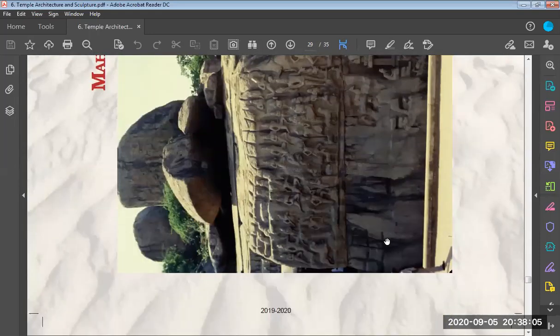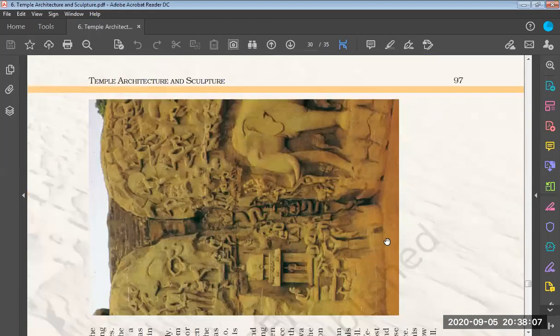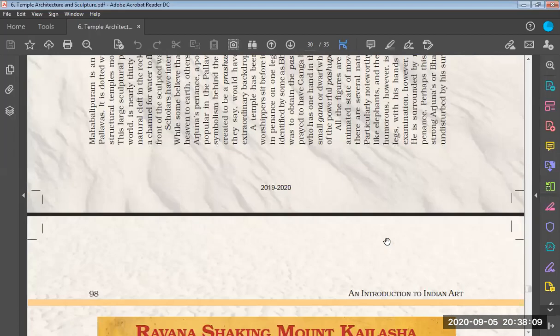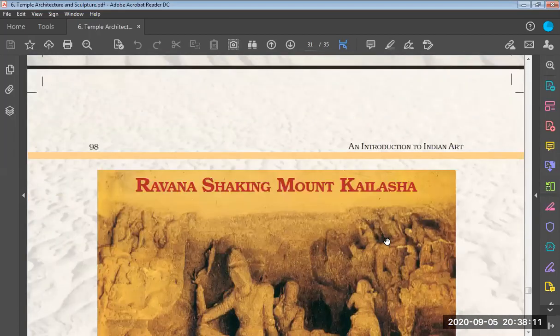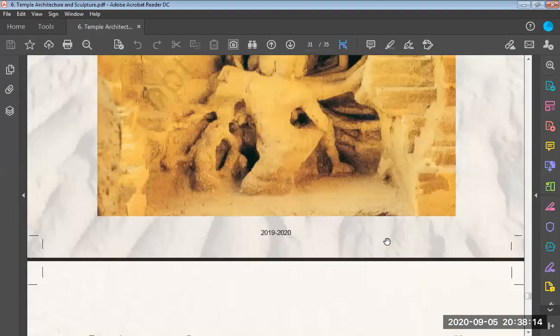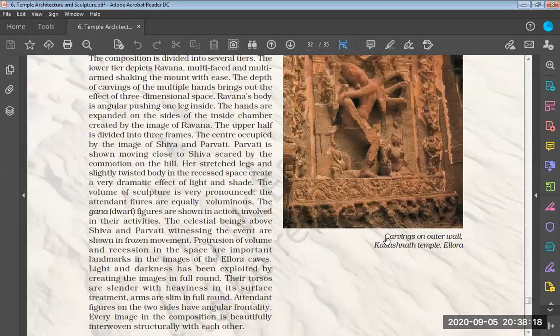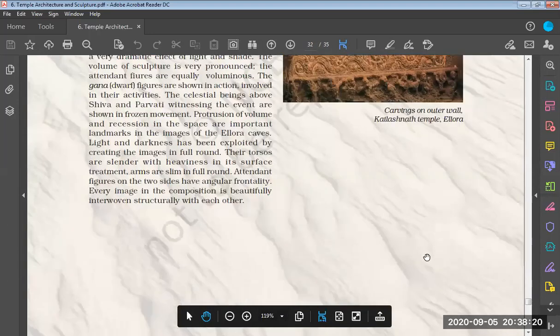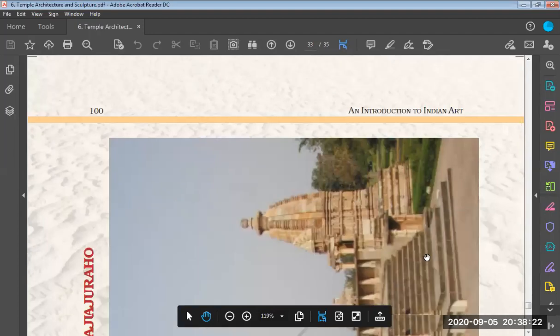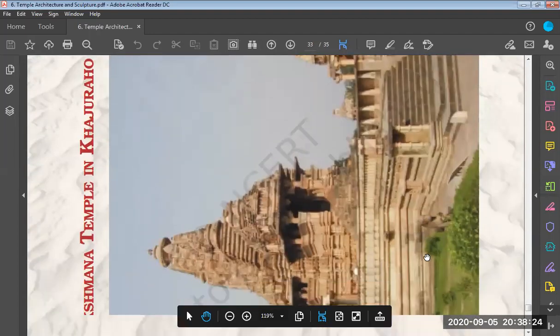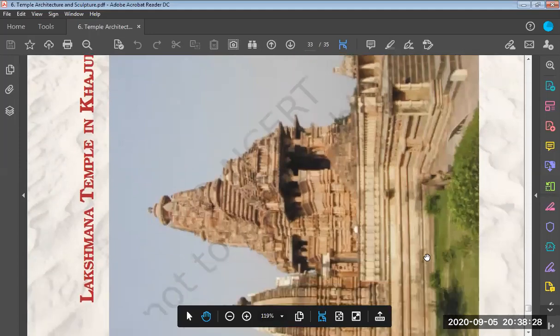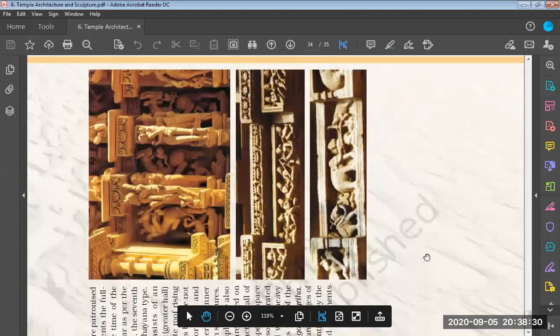After that there will be images like Mahabalipuram, and Ravana shaking Mount Kailash. Then we will see carvings on the outer wall of Kailashnath temple at Ellora. Then the Lakshmana temple in Khajuraho.